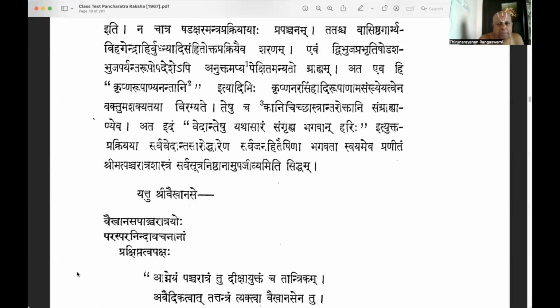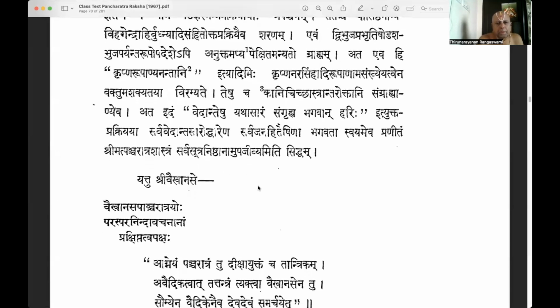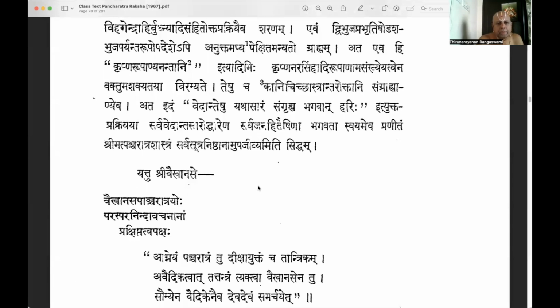It advises us about only the procedure, the process. So evam dvibhuja prabhriti shodasha bhuja paryanta rupa upadeshepi anuktam api apekshitam anyatah grahya.